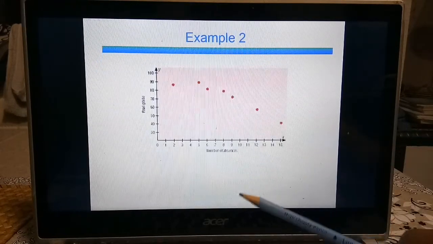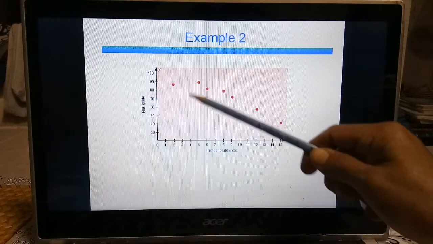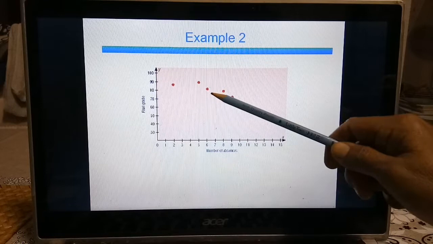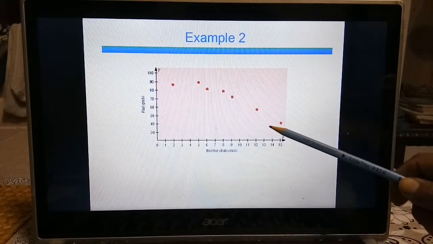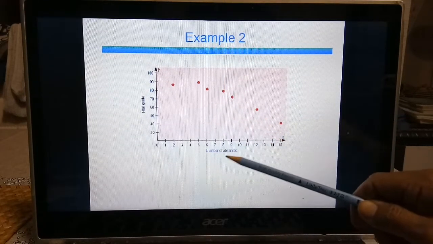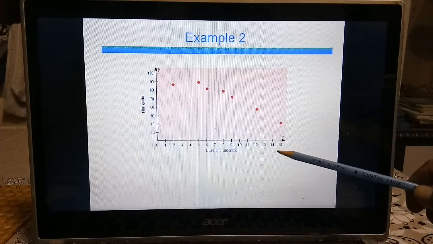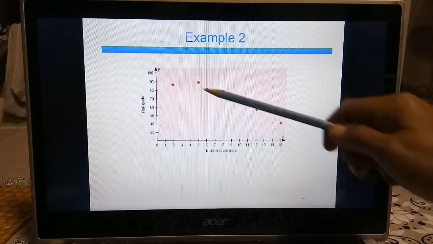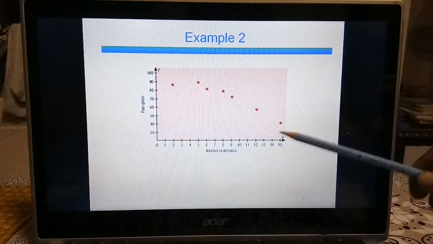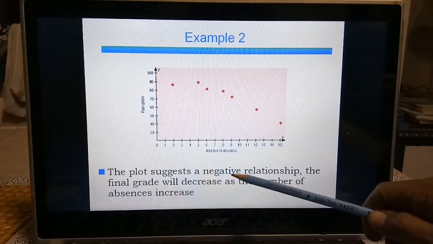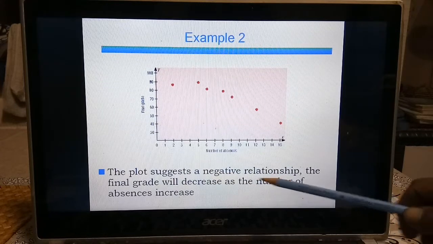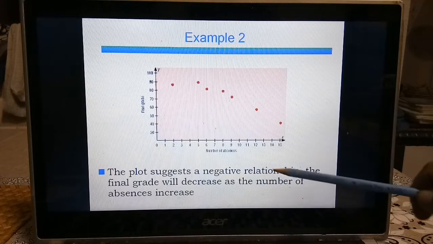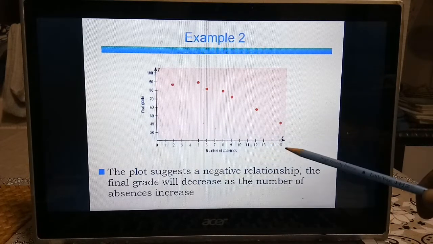And then from the data kita buat scatter plot yang begini, setiap padanan X and Y. So kita boleh nampak macam decreasing trend. Semakin banyak bilangan tak hadir, final grade dia pun akan makin merosot. So the plot suggests a negative relationship. Final grade will decrease as the number of absences increases.